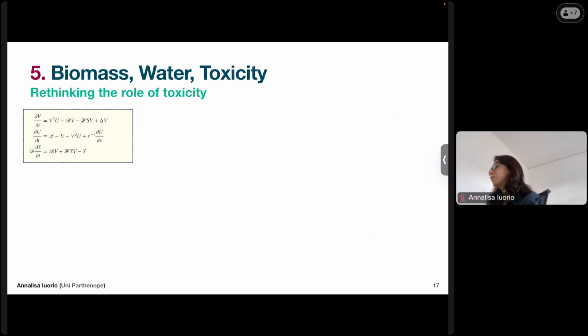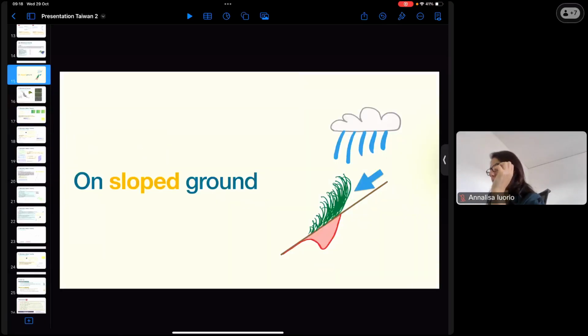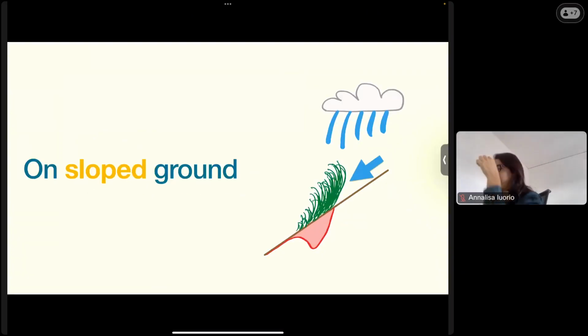And the advection term is really because of the slope: you have movement in a preferential direction, which should give you the fact that water is flowing downhill, because of the cartoon that I've shown before. So this is the kind of picture that you should have in mind.